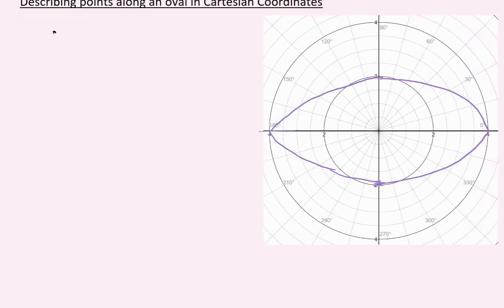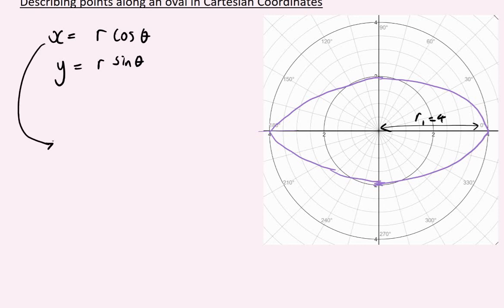So typically, we have x equals r cos theta and y equals r sine theta. And what I said a second ago, my big radius, I'll call this r1, is 4. And that is the radius which occurs on my x coordinate.